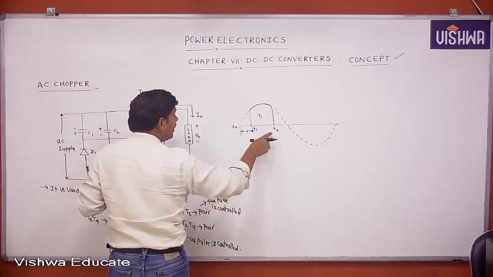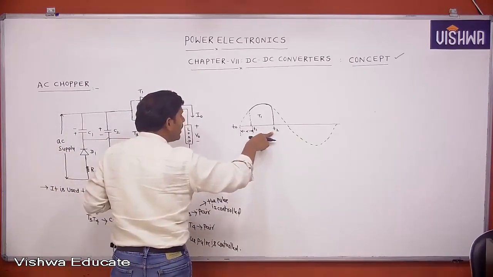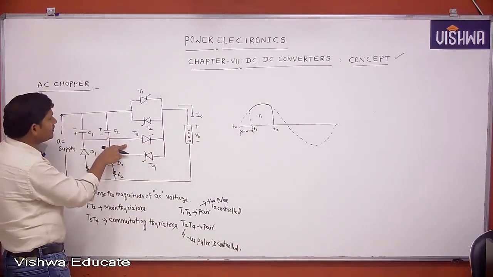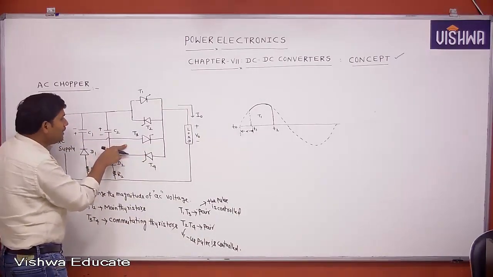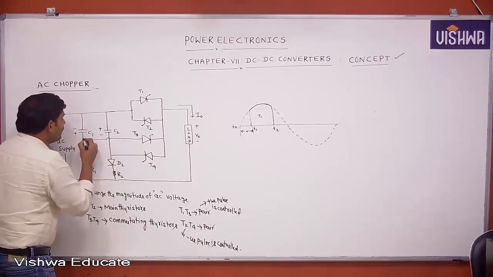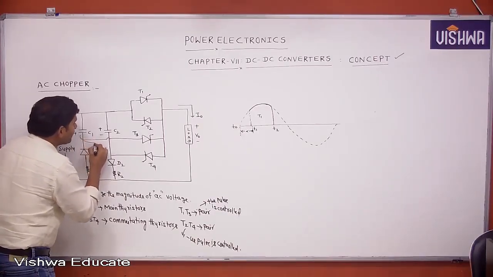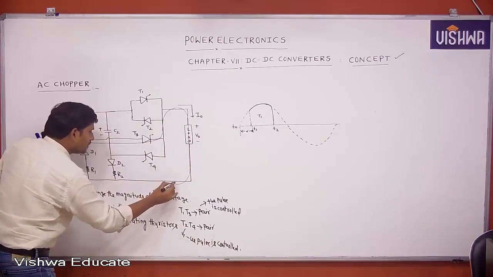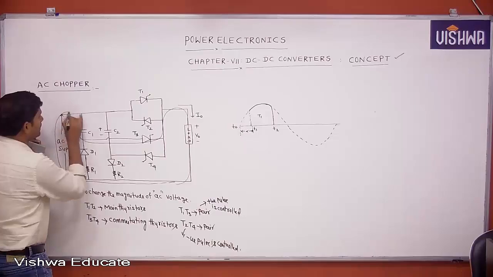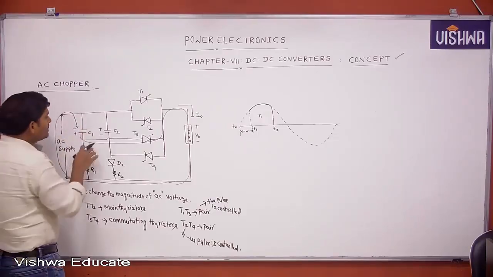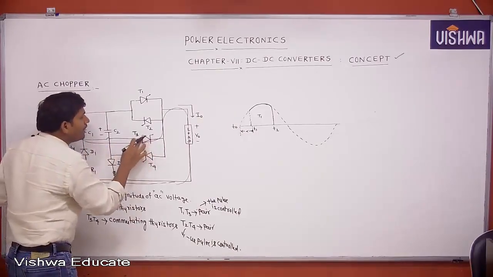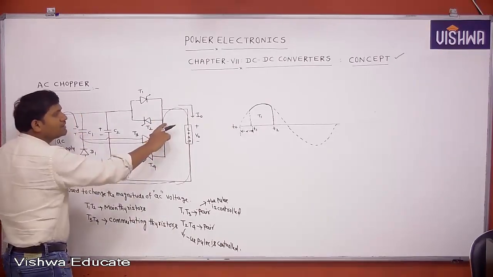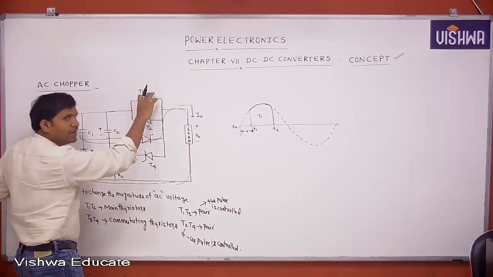If T3 is triggered, now it is conducting like this. This is a path for conduction. Once it is conducting, this is negative and this is positive, then T1 will be turned off.